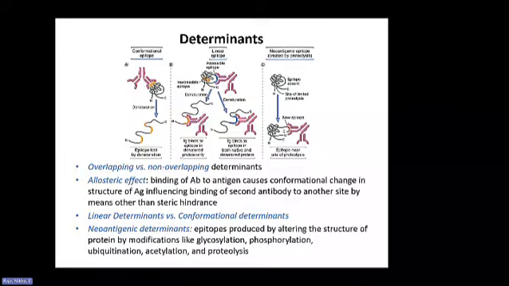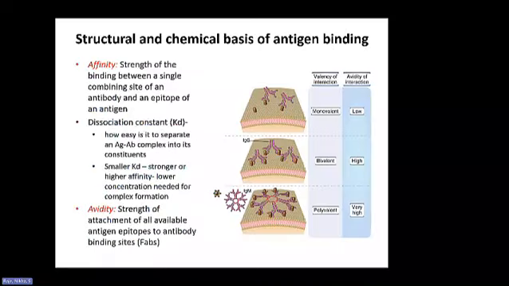But an allosteric effect has nothing to do with overlap; because one antibody is bound to an antigen structure, it influences the binding of the second antibody to another site by means other than steric hindrance.